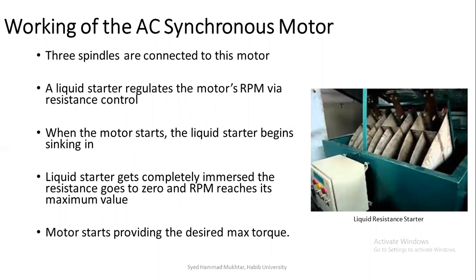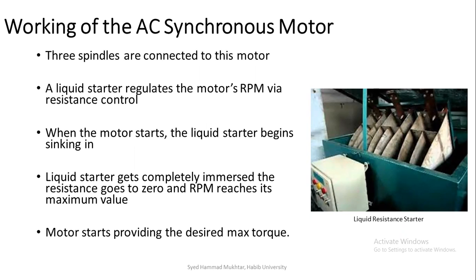Now, how does an AC synchronous motor work? This 1500 kilowatt beast works like this. The 3 spindles are connected to this motor, as you saw in the previous image, and a liquid starter regulates the motor's RPM via resistance control. So how does this work?